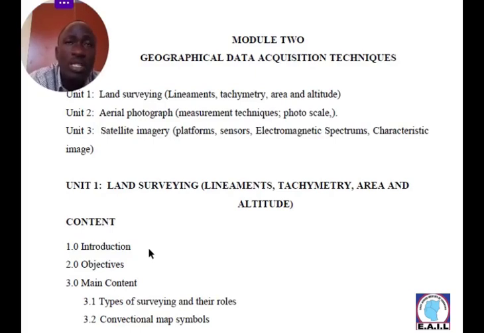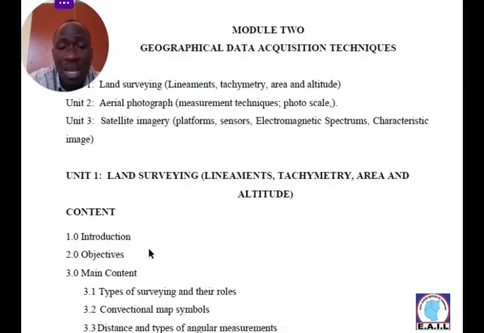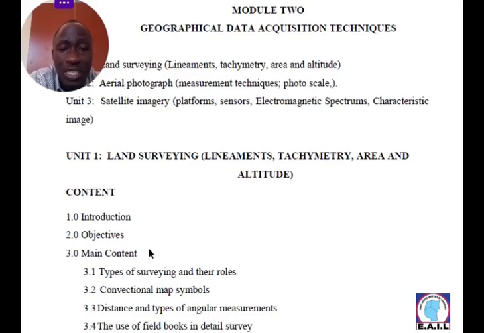Then I talked about the aerial photographs. These photographs are taken using different instruments, for instance helicopters, airplanes, and drones, in other words to capture information from above. And then the satellite images.